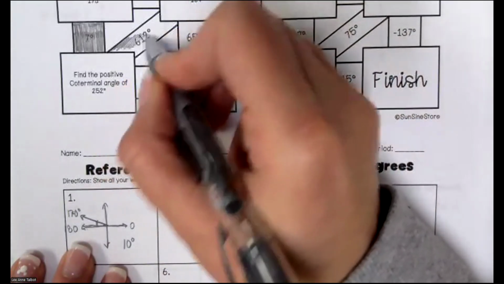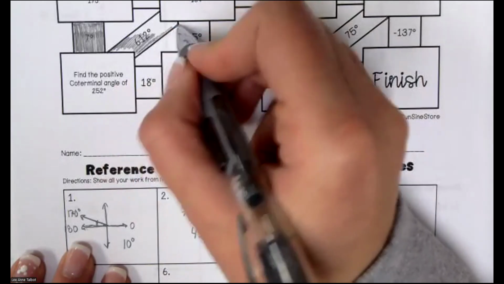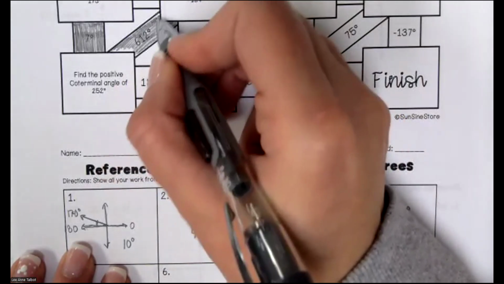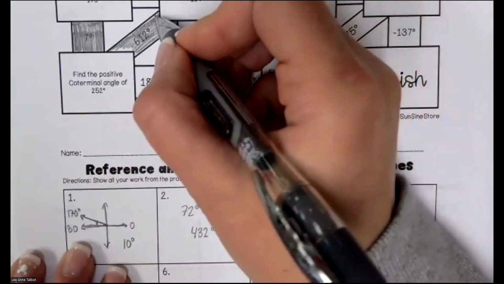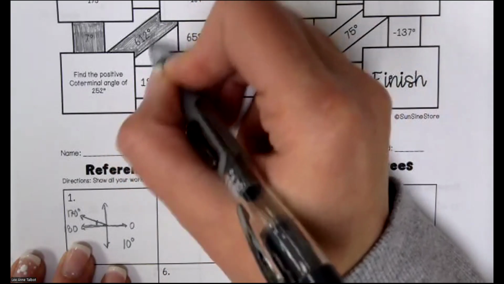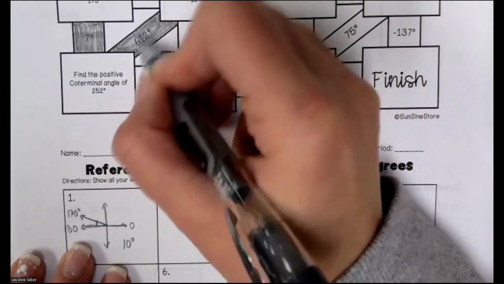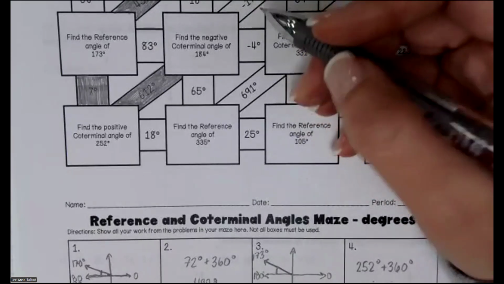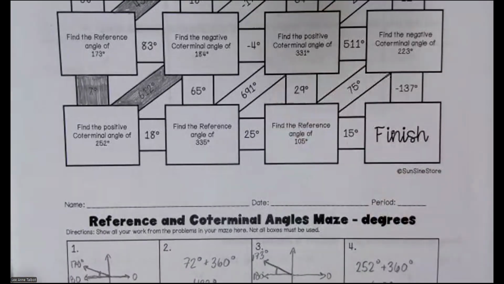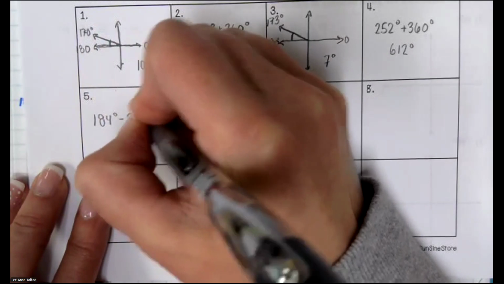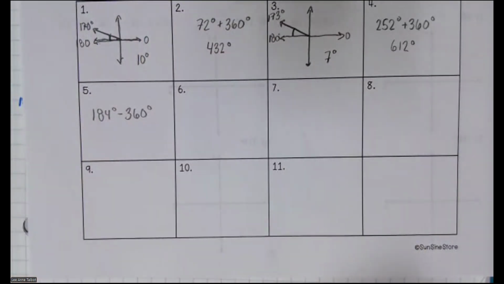Perfect. Find the negative coterminal angle of 184. So minus 360, because that will get you into the negatives.